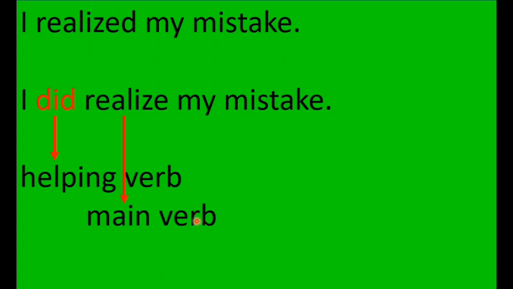Notice here, in our original sentence, our verb is in the past tense, we have D here. But in our emphatic form, this kind of sentence is called an emphatic sentence because we use the helping verb did. Now notice here, D is no longer included in our second sentence because we use did. Okay. Now did is our helping verb. Realize is our main verb. Okay.